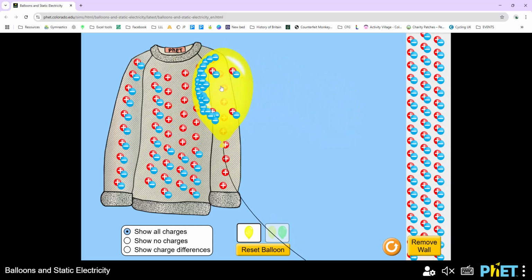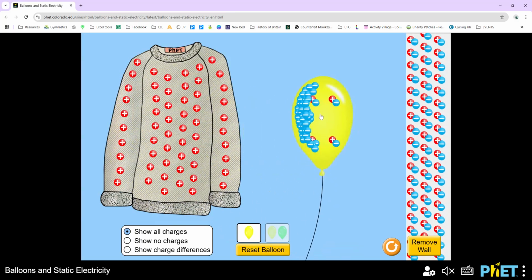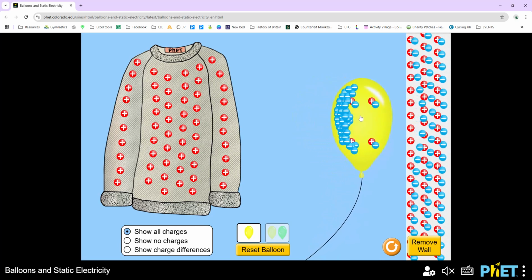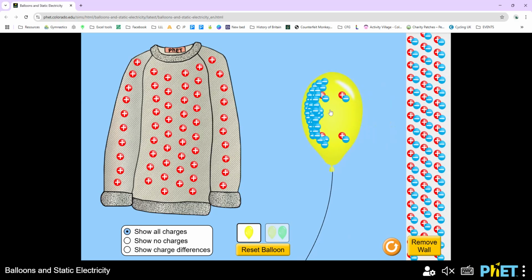If we make the balloon very strongly negatively charged and then bring it close to the wall, then we will see why the balloon sticks to the wall. As we bring it closer, observe the negative charges within the wall. They are repelled from the balloon. Recall that the positive charges essentially are the nuclei of atoms, and the negative charges are the electrons.